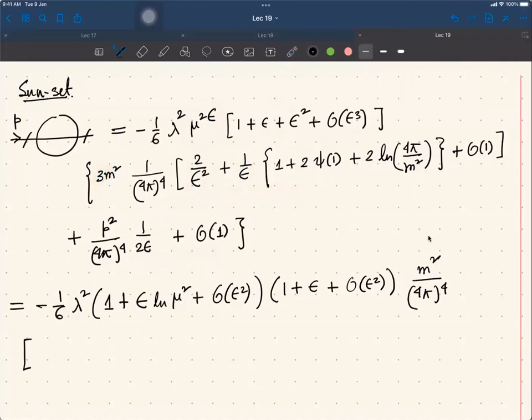That gives me 6 over epsilon square plus 3 over epsilon, 1 plus 2, 7.